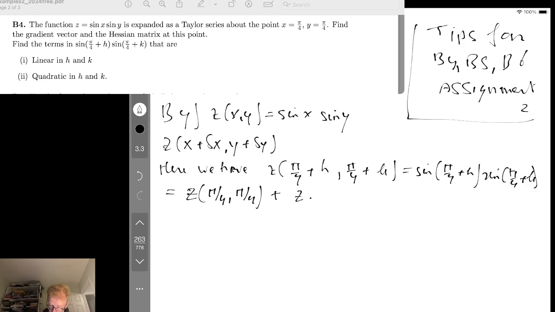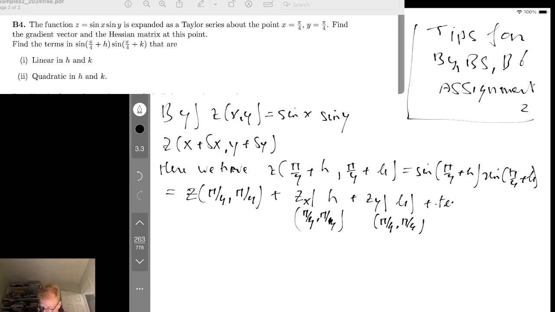Now we need z_x at pi over 4, pi over 4, so dz/dx times h plus z_y at pi over 4, pi over 4 times k, and then the terms with h squared, hk, and k squared, and then the higher order terms.